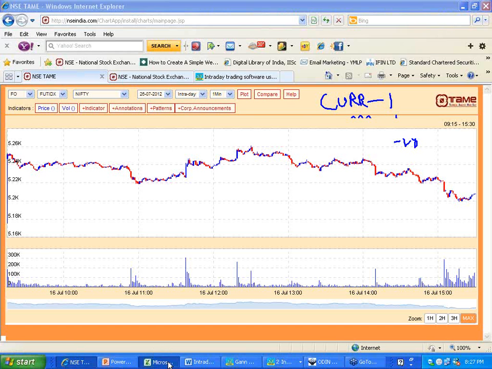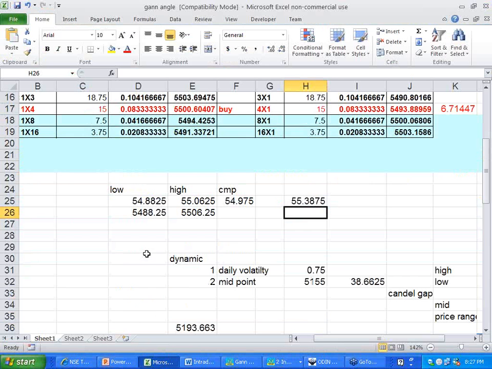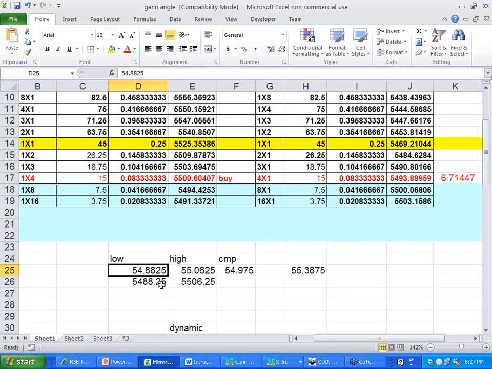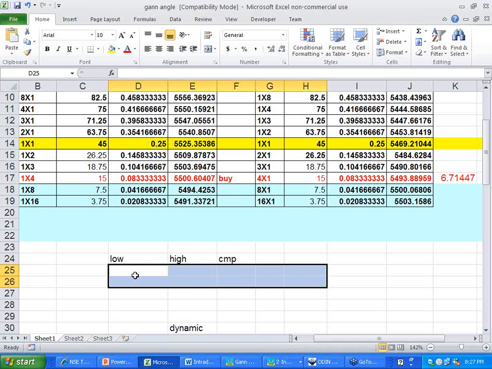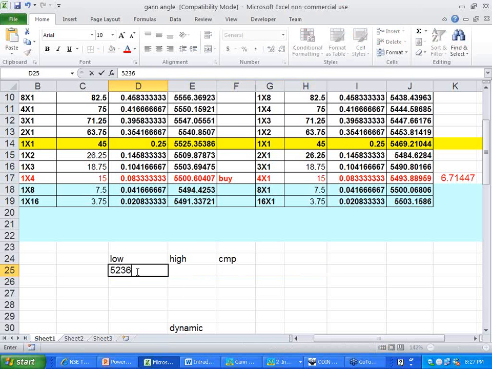Let us evaluate this. Nifty recorded low 5236, high 5252, and the current price is 5241.